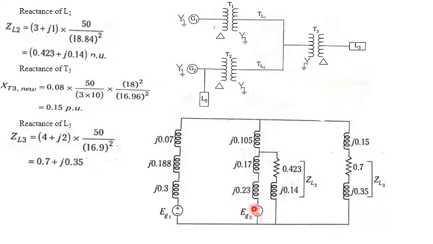Where the load L2 is connected, just look here, the load is connected across the transformer. Understand, across the transformer means the generator and transformer side, so you have to connect it here. Till here it is connected to the low voltage side of the transformer, that's why we have to consider the transformer here.